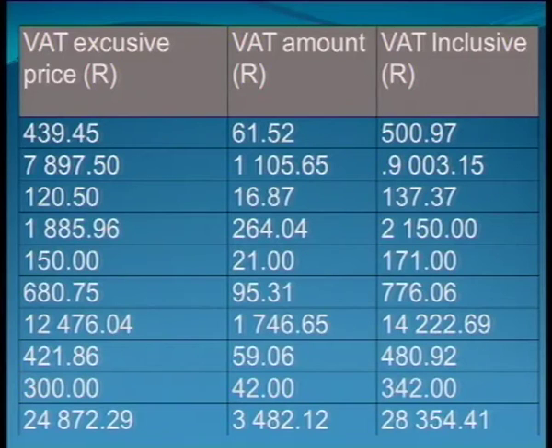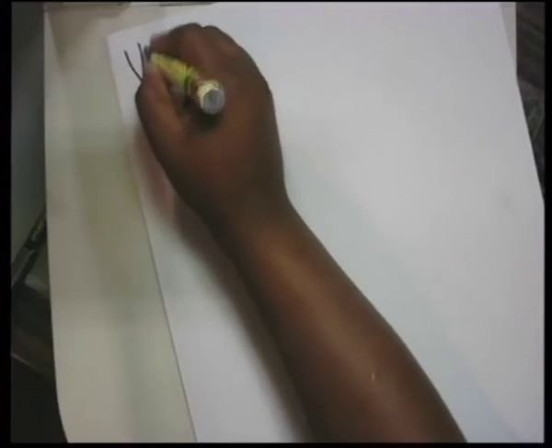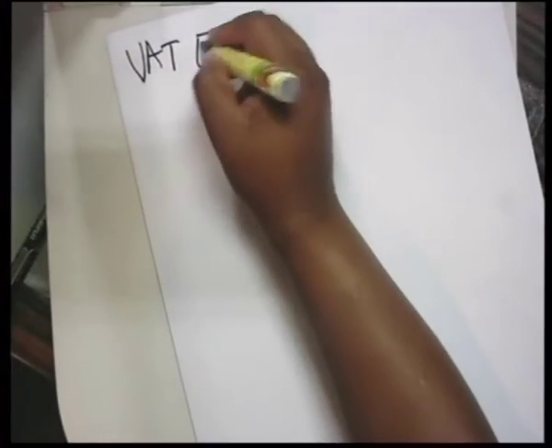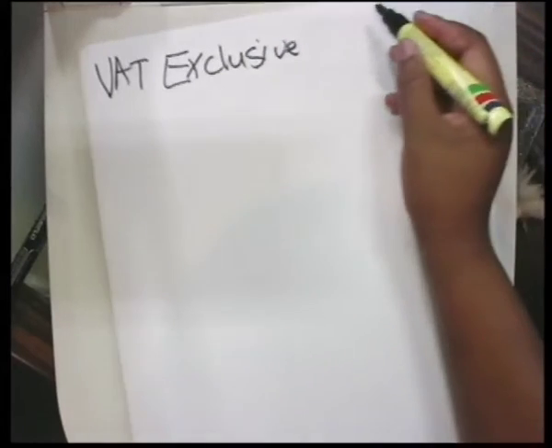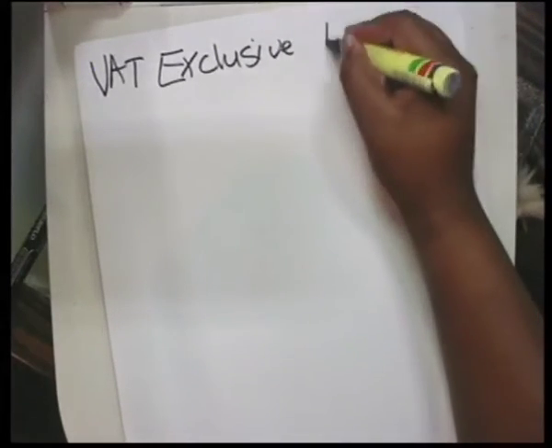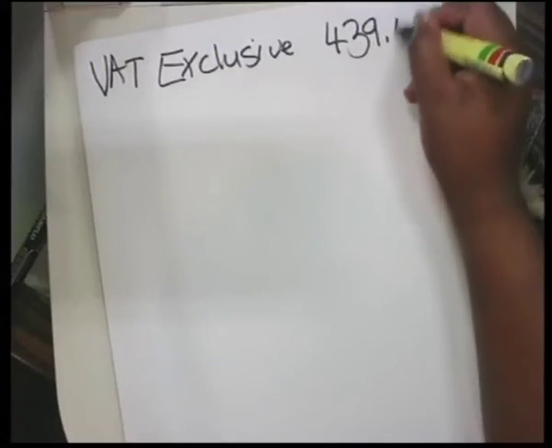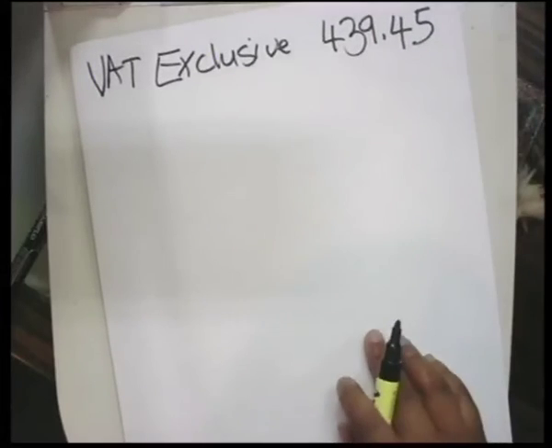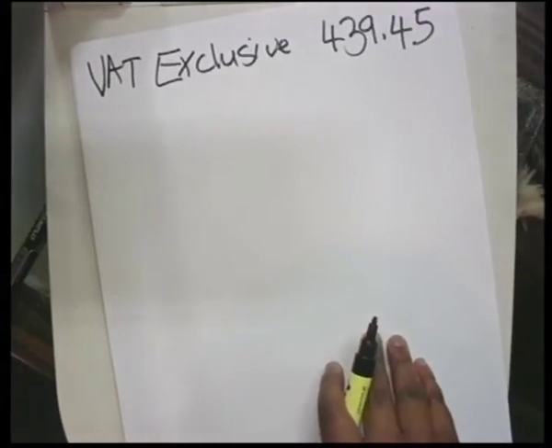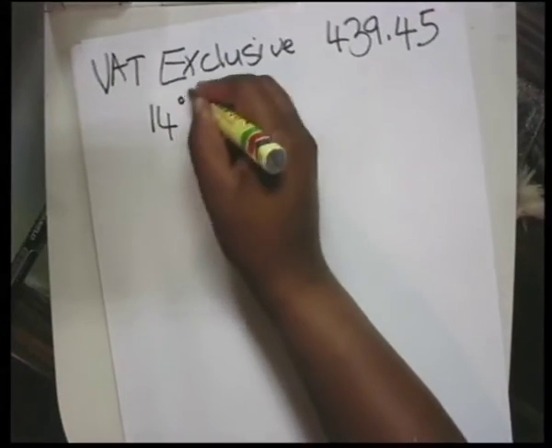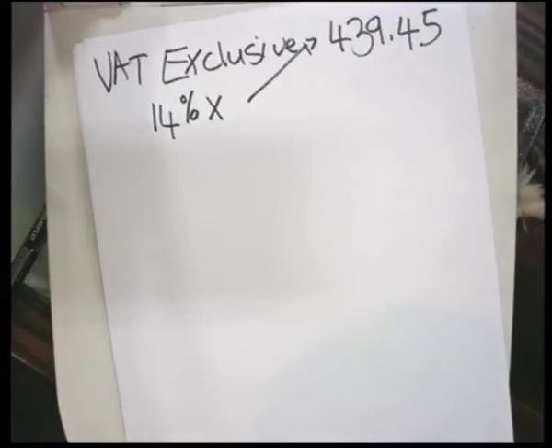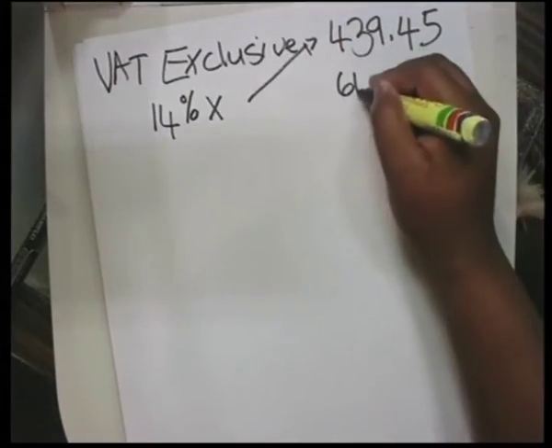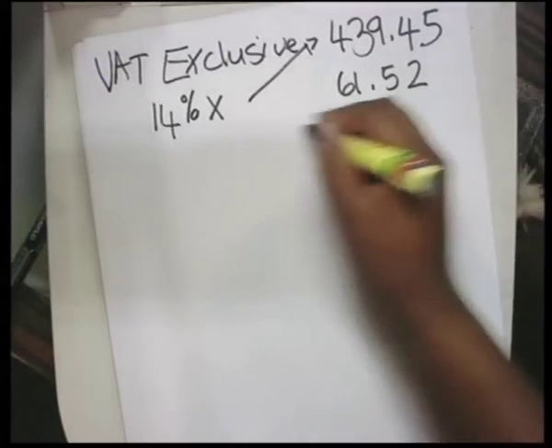We said our VAT exclusive amount for number 1 is 439.45. We know that our rate for VAT is 14%. 14% times our VAT exclusive amount is 61.52.